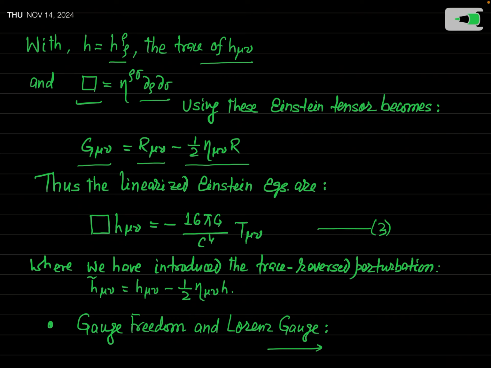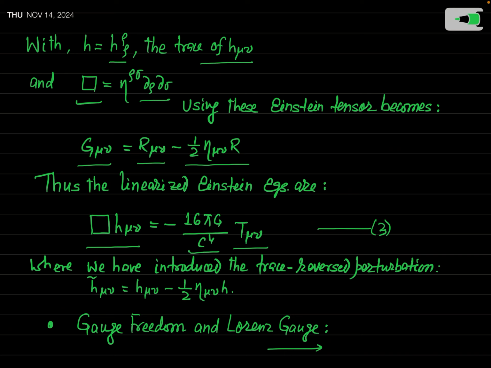In that condition Einstein's field equation becomes linear, and it is given as box operated on h mu nu equal to minus 16 pi G over c to the fourth times T mu nu.